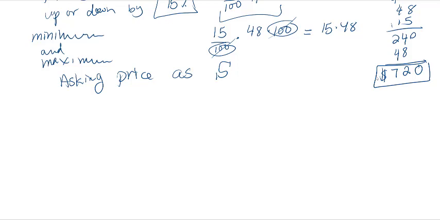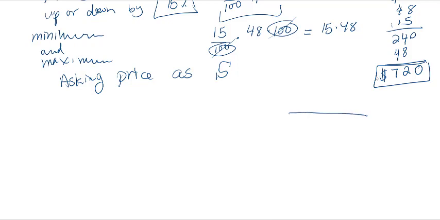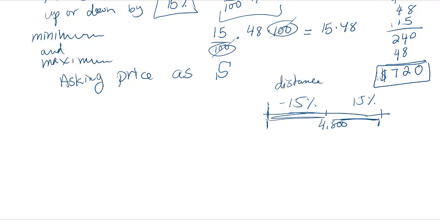If we look at the number line, if this is 4,800, we can go up 15% or down 15%. Which means that we're looking at any number that is within a distance of 15% from 4,800. So we can look in both directions, and that is a perfect situation for using absolute value.